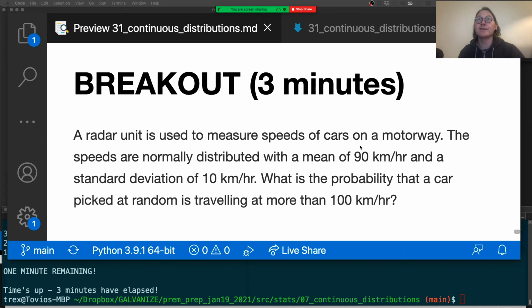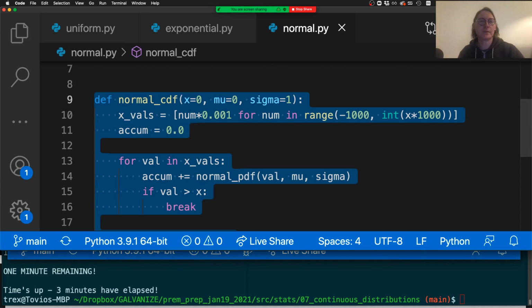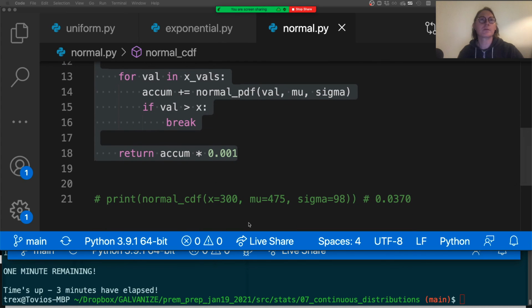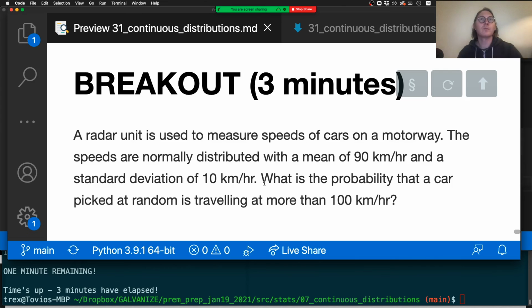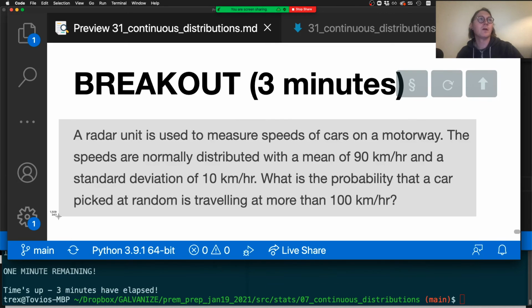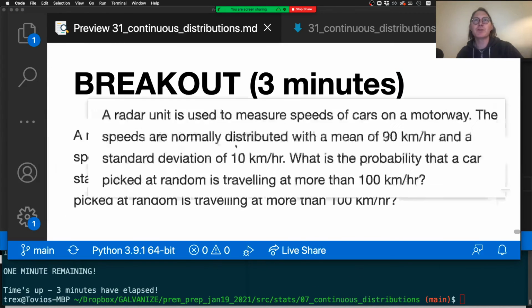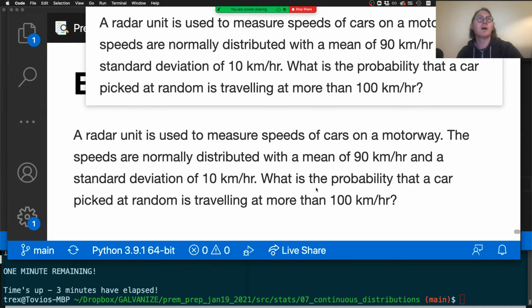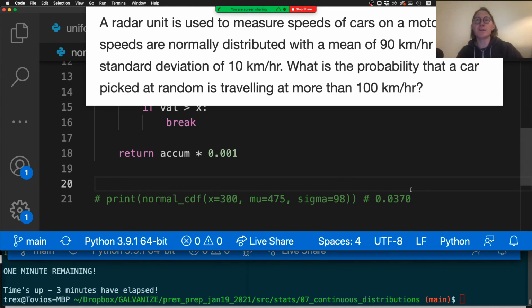All right, let's solve that. Pull the problem up. So a radar unit is used to measure speeds of cars on a motorway. A mean of 90.